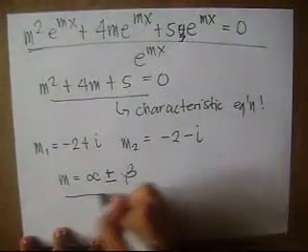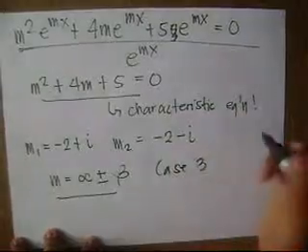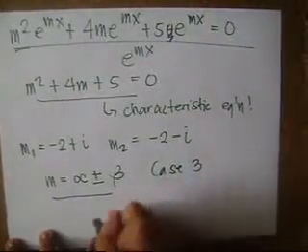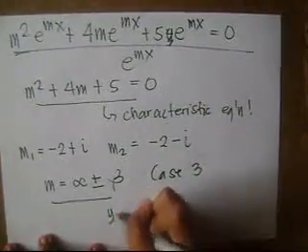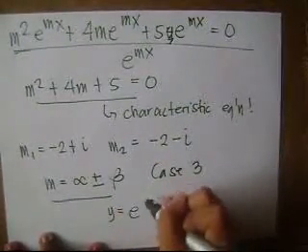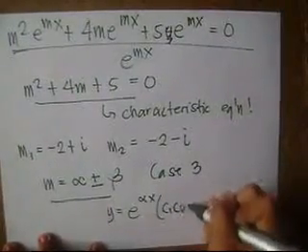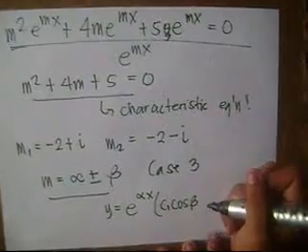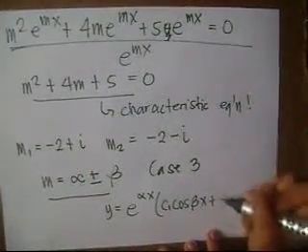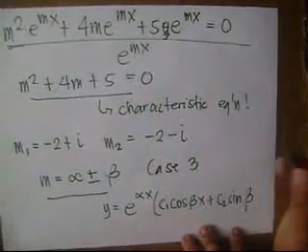This falls in case 3, which has the complete solution of the differential equation y = e^(alpha x) (c1 cos beta x + c2 sin beta x).